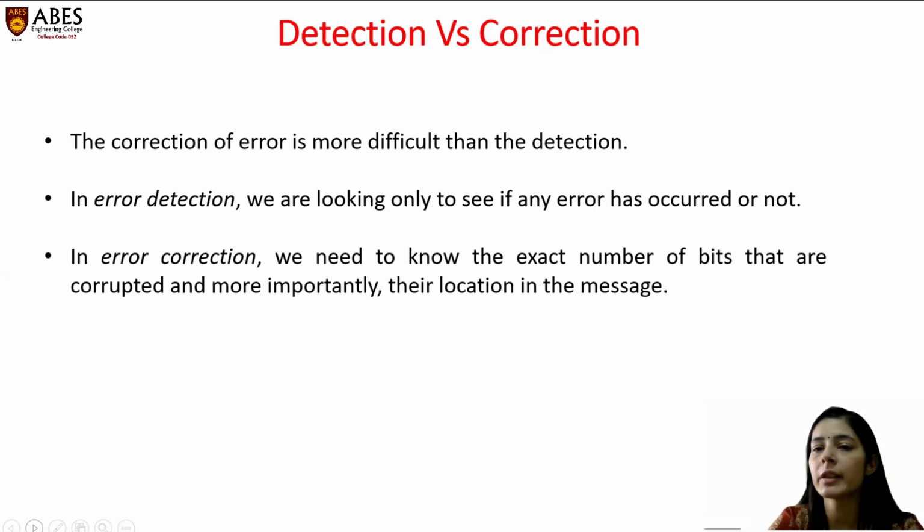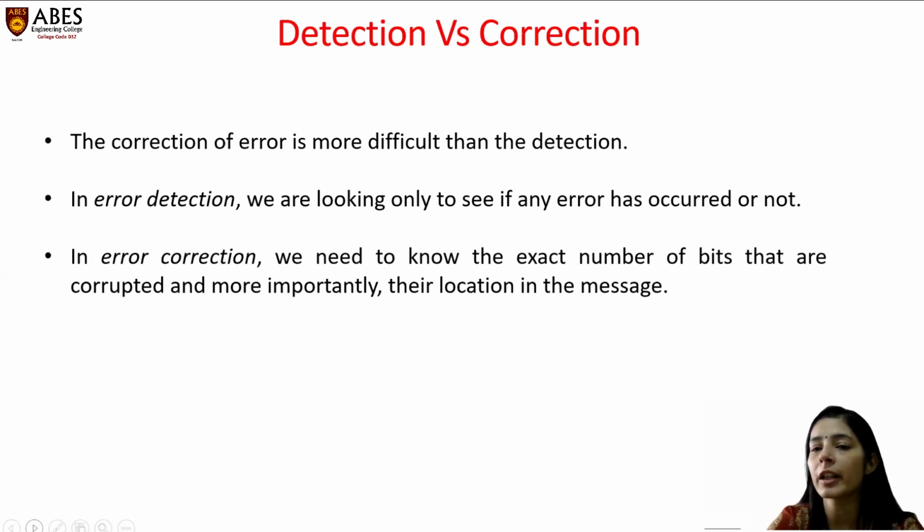Now we will discuss error detection versus error correction, and which one is more difficult and which one is comparatively easier. Correction is more difficult than detection, because in detection we are looking only to see if any error has occurred or not during the transmission. We are just concerned with whether there is a change in the bits or not.